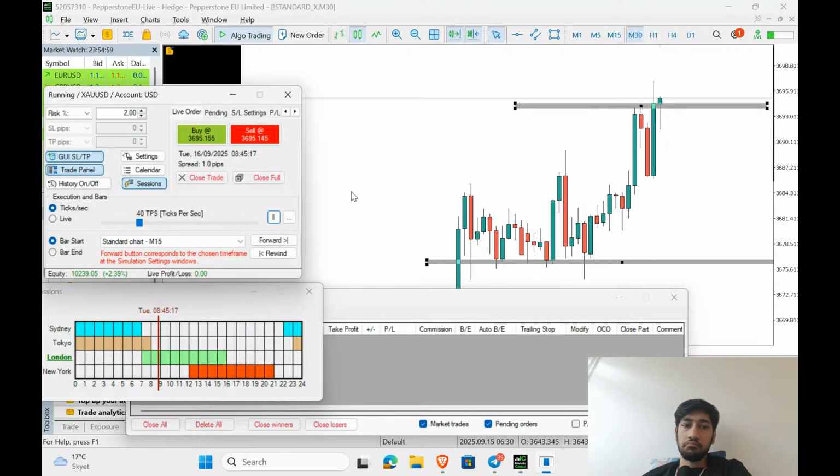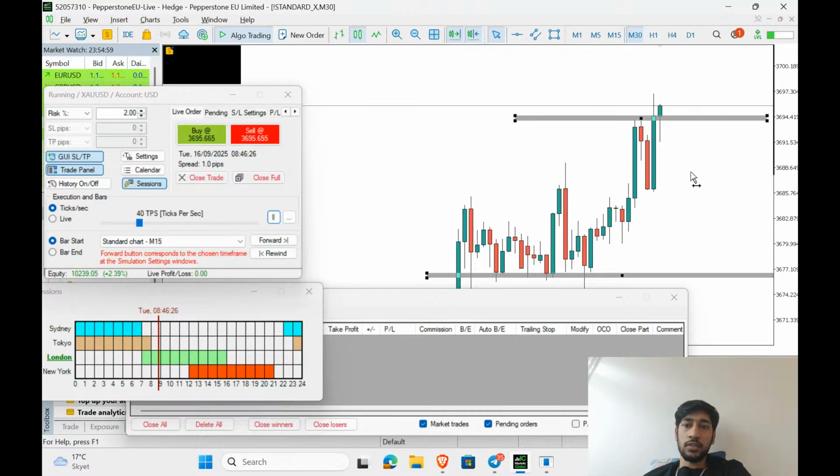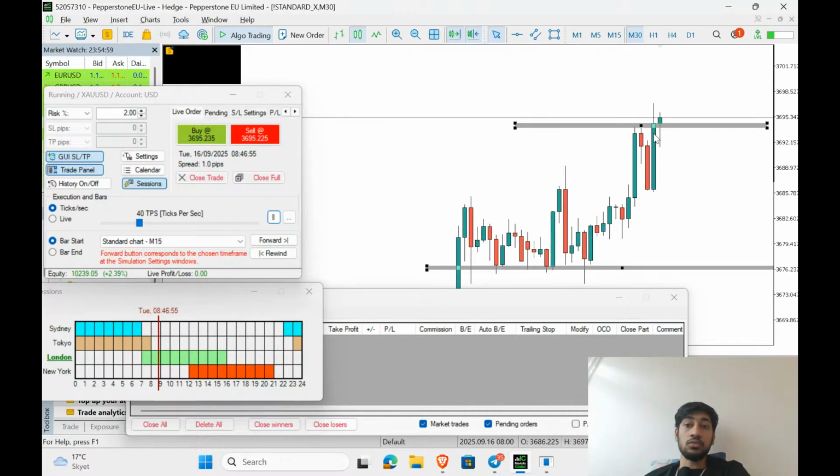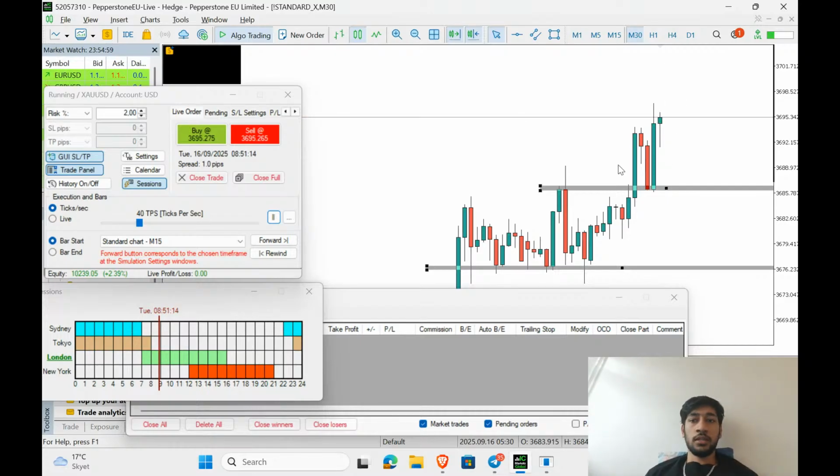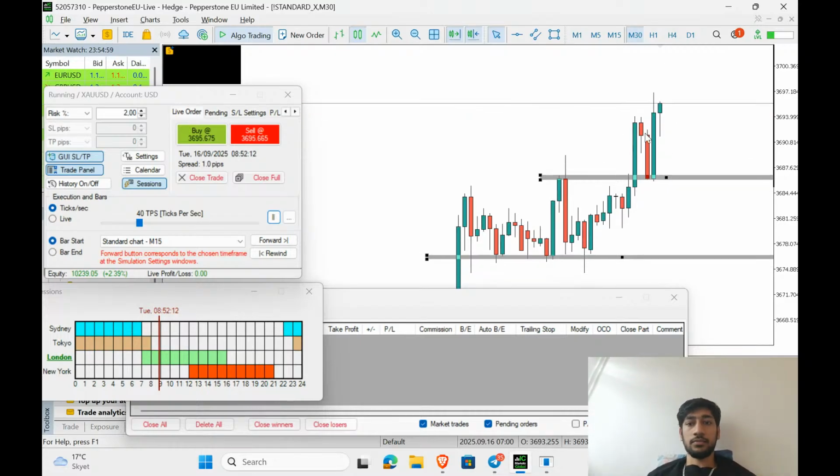Nothing. No, I can't overthink. I should not overthink, because I need this M30 confirmation. I need this M30 market structure first to think about any confirmation. I need the market structure.